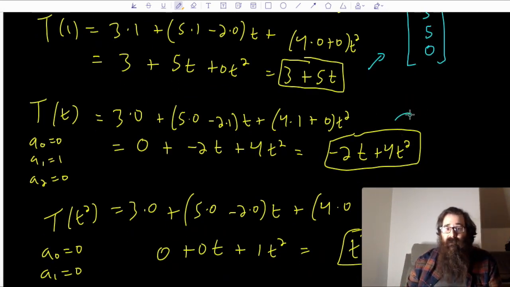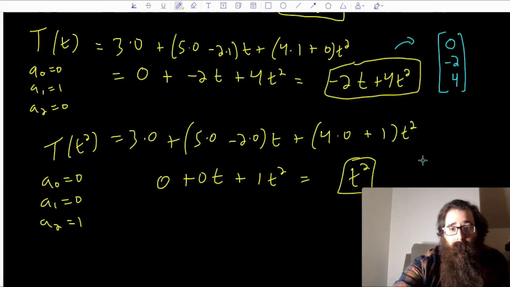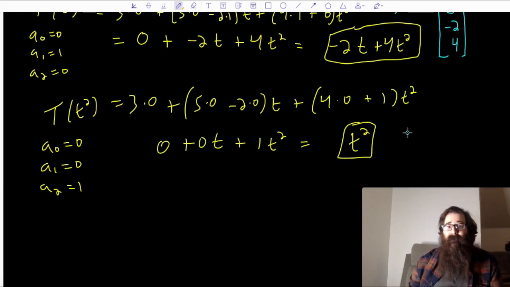This next vector representing negative 2t plus 4t squared, well, 0 for the constant, negative 2 for the coefficient on t, and 4 for the coefficient on t squared. And then lastly, this vector that represents t squared: 0 for the constant, 0t, 1t squared.